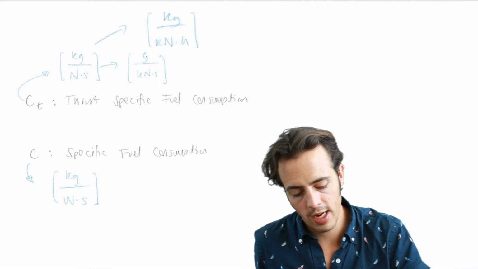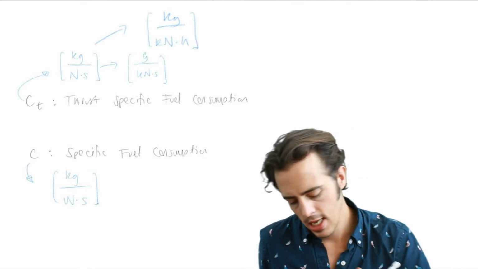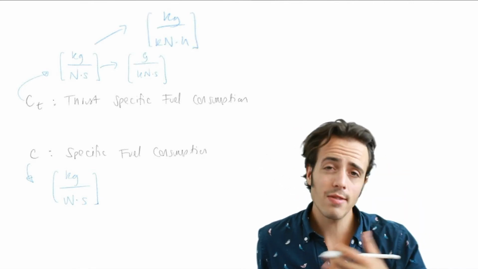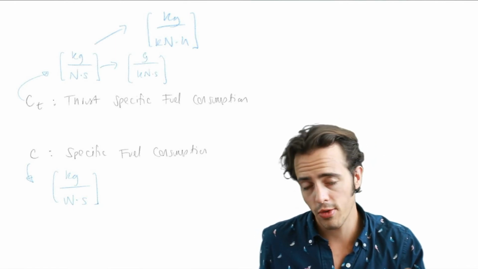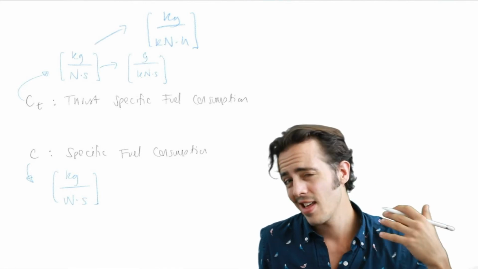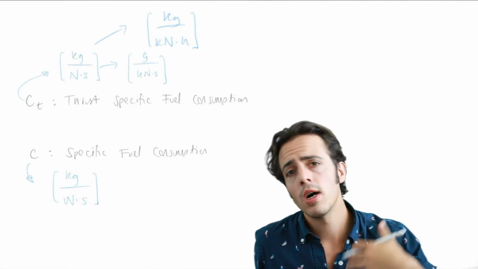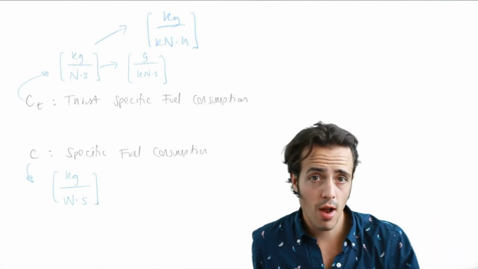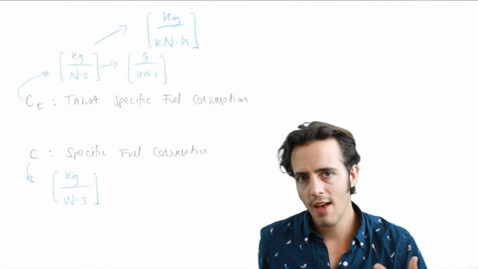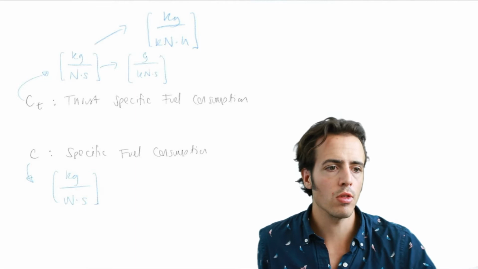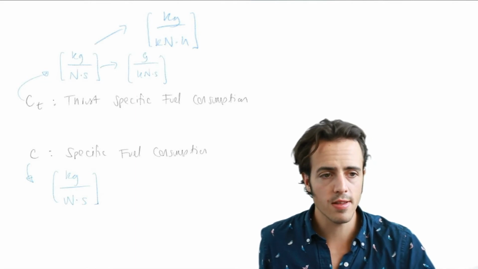So you've got to have a factor of 3600 in your units if you're looking there. And of course these could also be given in US customary units. So this would be pound of fuel per pound of thrust per hour, for example, or per second. So just be careful with the units that we use there to make sure that we are making things consistent.